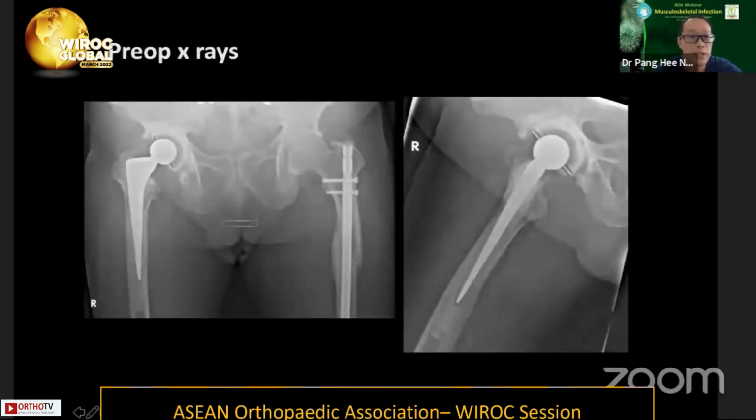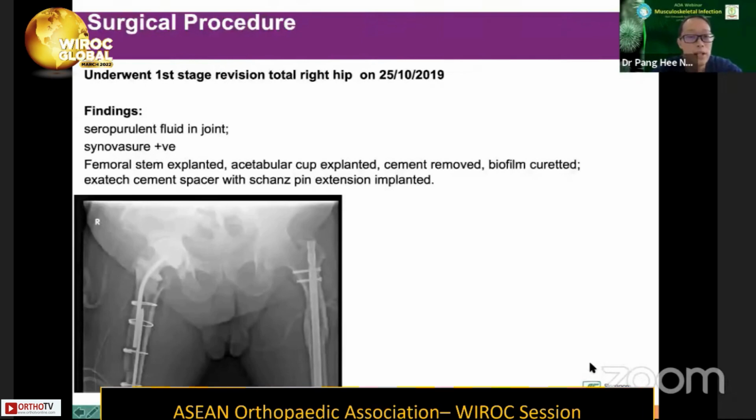This is the X-ray, so you can see that the femoral stem is well fixed. The cemented cup was loose with radiolucent lines in all 3 zones. Right. So, in view of the positive synovial test, he underwent first stage revision of the hip replacement.